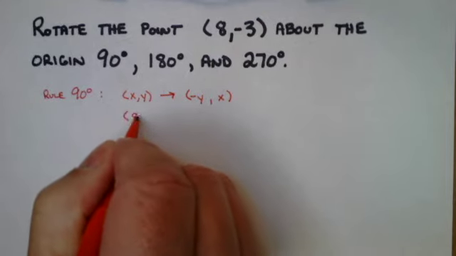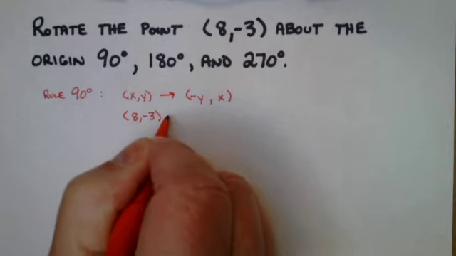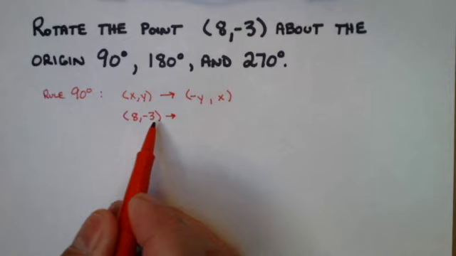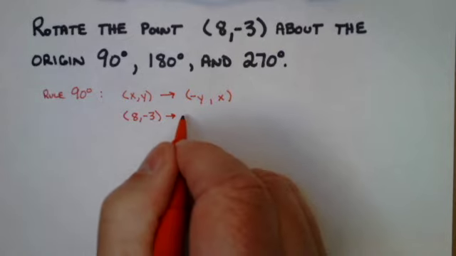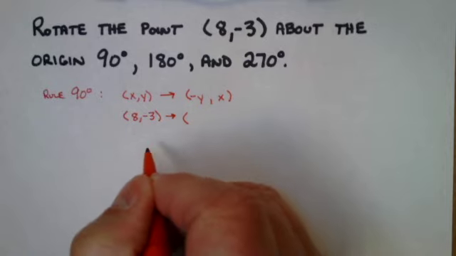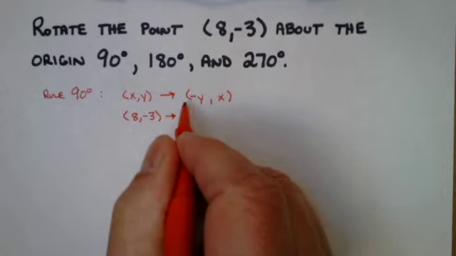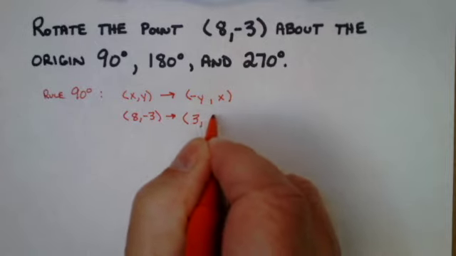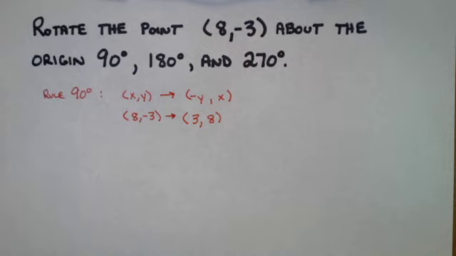The point is 8, -3, and when we rotate it about the origin 90 degrees, I'm going to switch the positions of the X and the Y, and I'm going to write down the opposite of this Y, because that's what that negative sign means. Write down the opposite. So the opposite of -3 is +3 and 8. That's what the new point is after I rotate it 90 degrees.